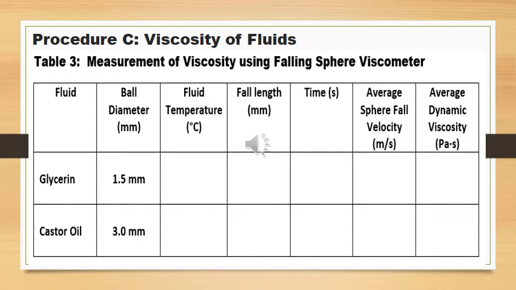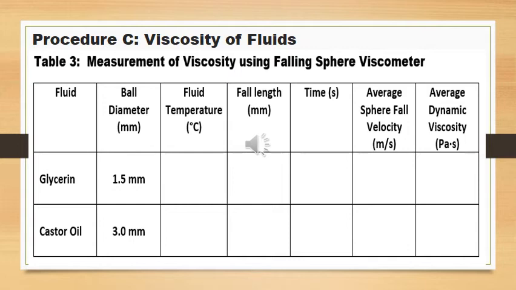In this procedure, we are going to determine the viscosity of fluids. With the table provided, we will use the sample fluids, the glycerin and the castor oil, and the ball diameters are 1.5 mm and 3 mm. We're going to record the temperature for each fluid, the fall length, and the time of fall.